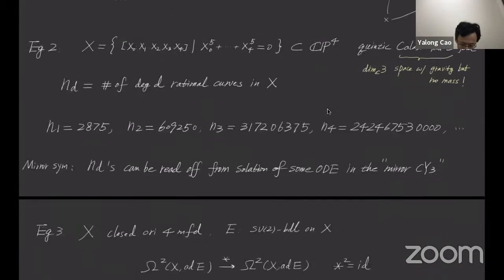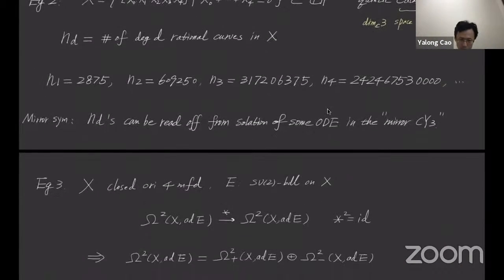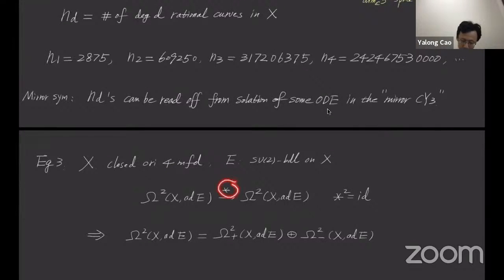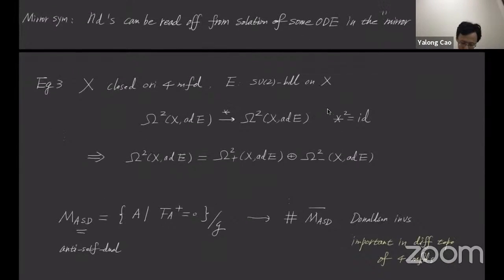So the last example is on 4-manifolds. Let's start with a closed oriented 4-manifold X, real 4-dimensional, and let E be an SU(2) bundle on X. Then we can define the Hodge star operator, which decomposes the space of bundle-valued 2-forms into the plus part and the minus part, based on the eigenvalue of this star operator. Then we can define the so-called anti-self-dual connection.